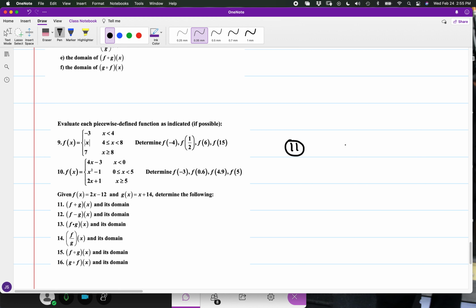So we have that f of x is equal to 2x minus 12, and g of x is equal to x plus 14.